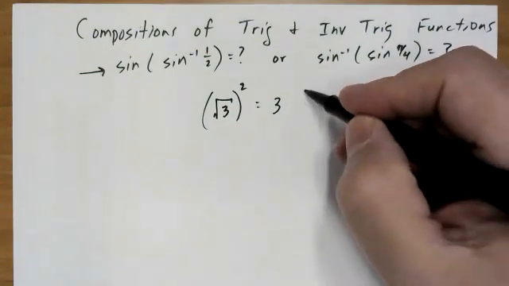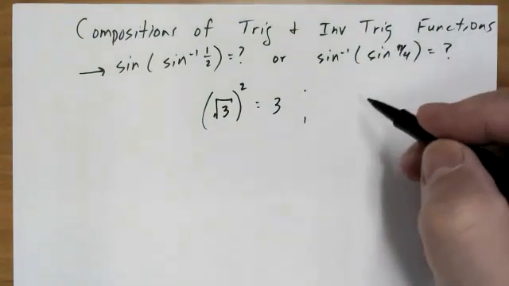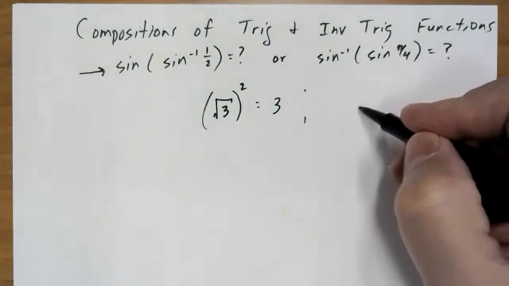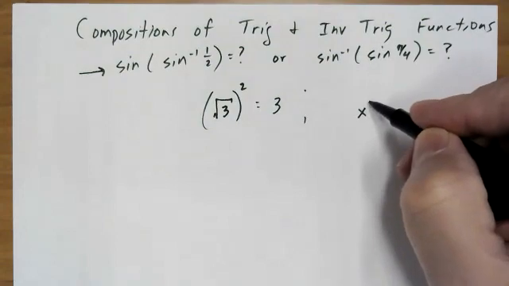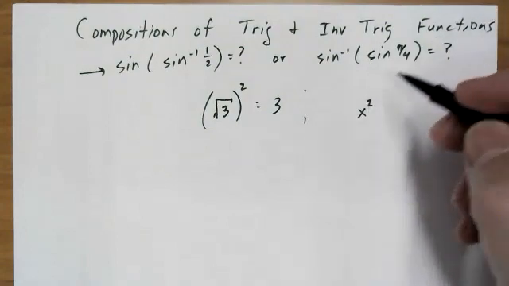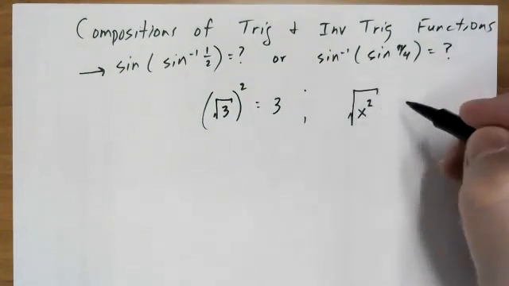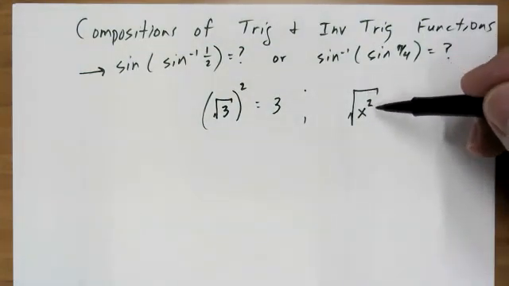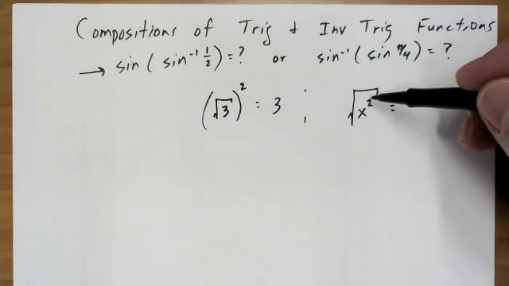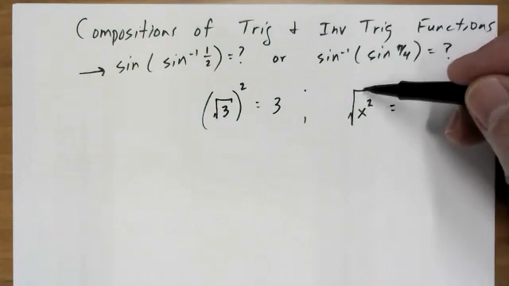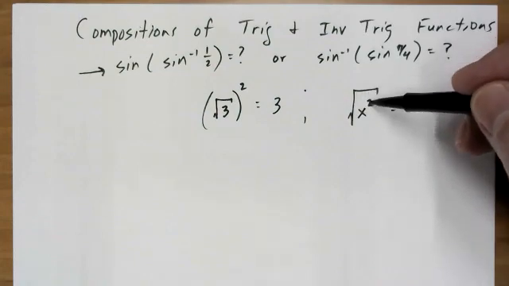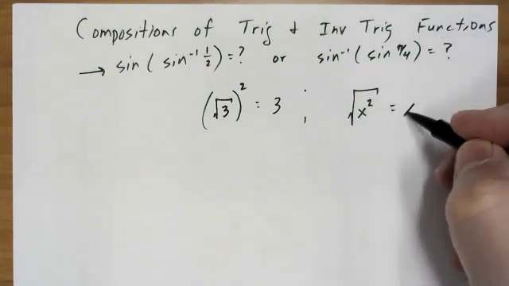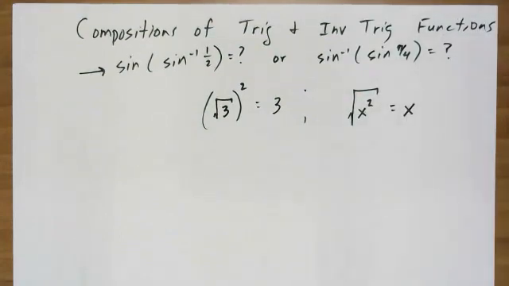If you flip it around, what if I had x squared? If I take the square root of x squared, you think to yourself, when you take the square root of something squared, you're just left with what's inside.